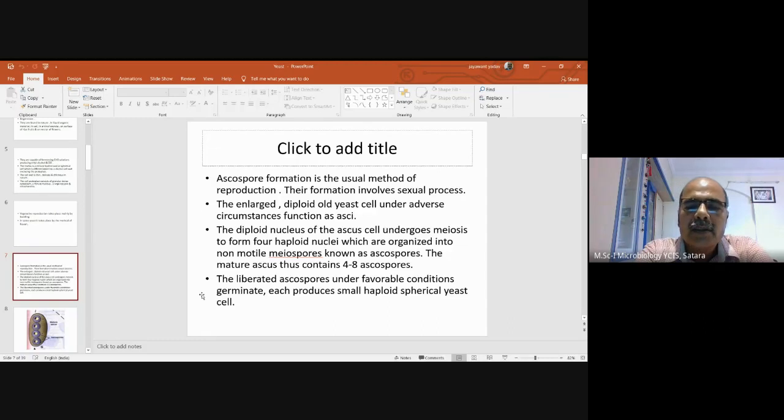The mature ascus thus contains 4 to 8 ascospores, and the liberated ascospores under favorable conditions germinate, and each produces a small haploid spherical yeast cell.